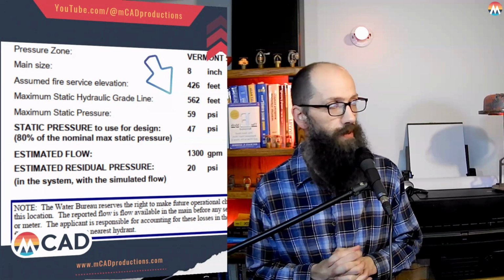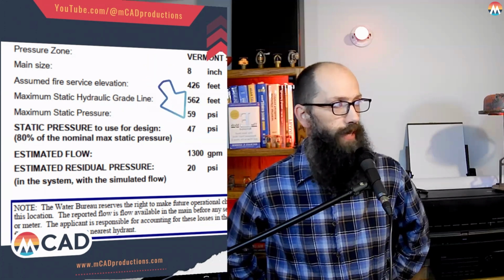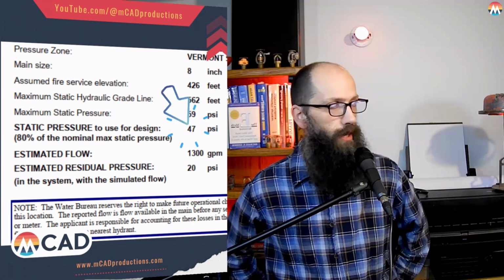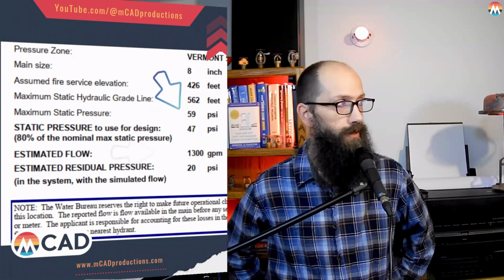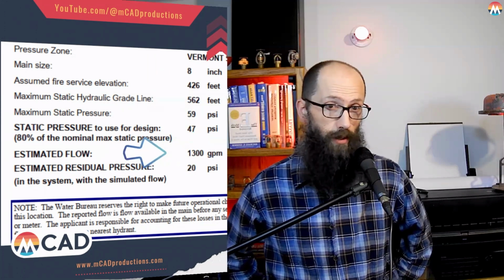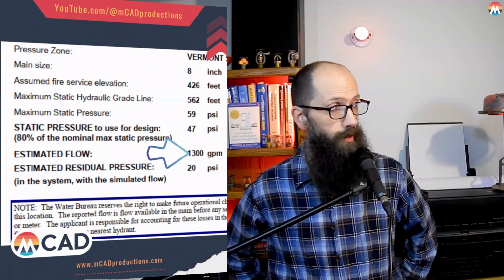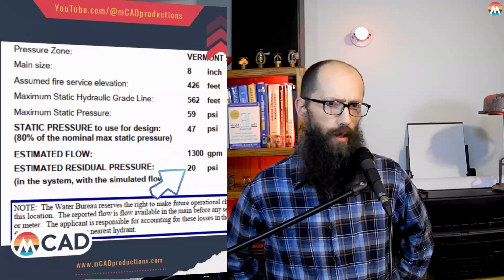They say there's 59 static, but you've got to go with 47. And the estimated flow is 1,300 gallons per minute, and estimated residual is 20 psi. Oops, I guess I had arrows to point at that so you can see what I'm talking about. But there's 1,300 GPM and 20 psi residual. These are the three numbers that are important for our calc.